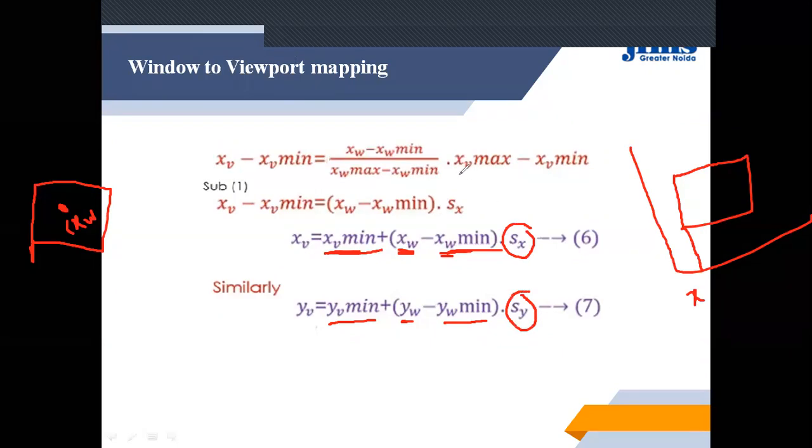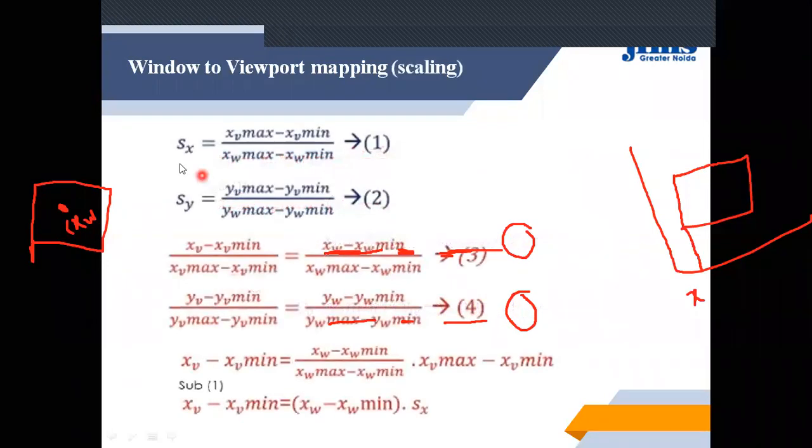On the last page we saw that sx equals xv max minus xv min upon xw max minus xw min. Keep in mind one thing, that the coordinates or values of the viewport are on the numerator, whereas the values of the window are in the denominator.